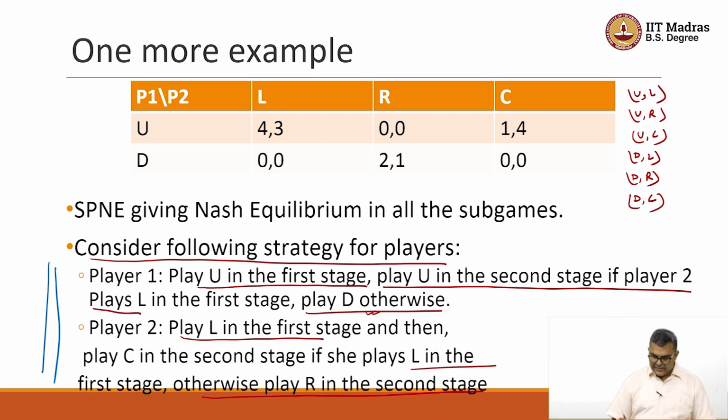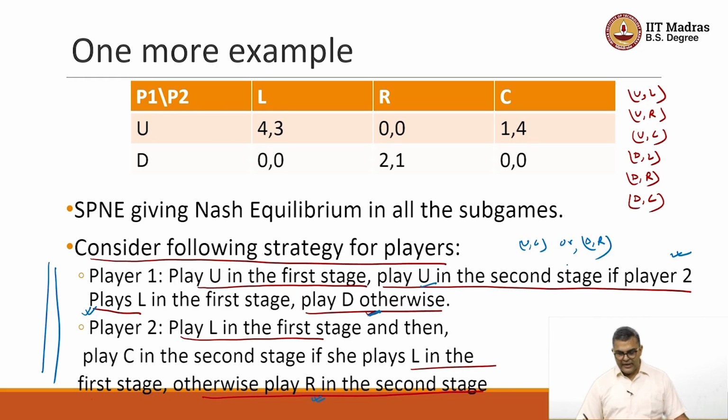And player 2 plays C if player 1 plays L in the first stage, otherwise plays R in the second stage. So there are two possibilities in the second stage. Either they end up playing U comma C, or they end up playing D comma R.